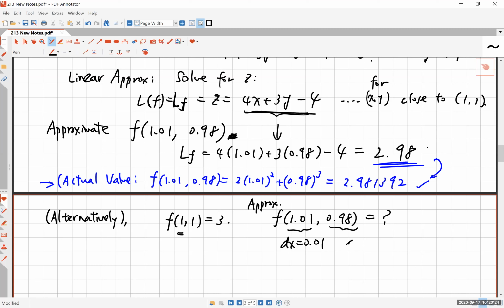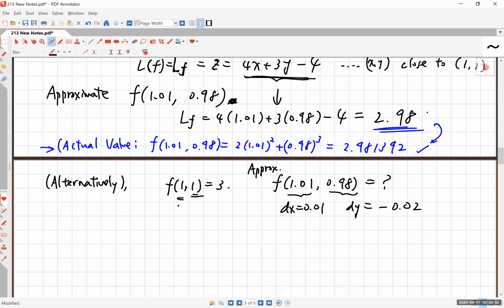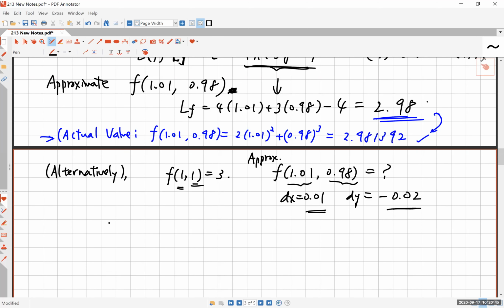And this is different from 1 by 0.02, but it's negative 0.02, right? So in other words, if you are standing at the point (1, 1), and you want to go to the point (1.01, 0.98), you have to go 0.01 units in the x direction and negative 0.02 units in the y direction, right?